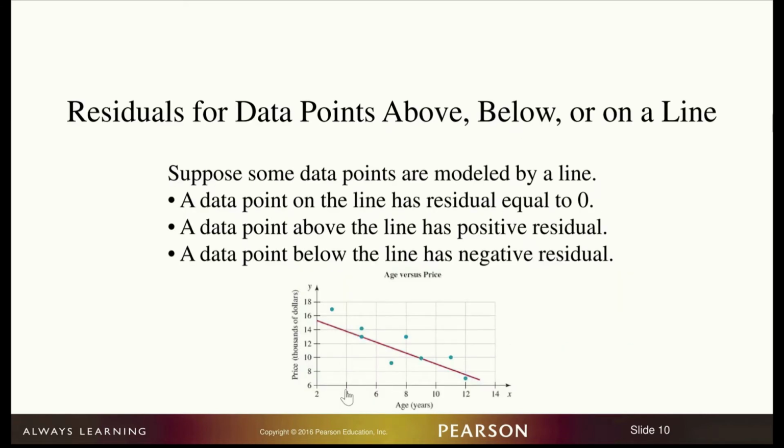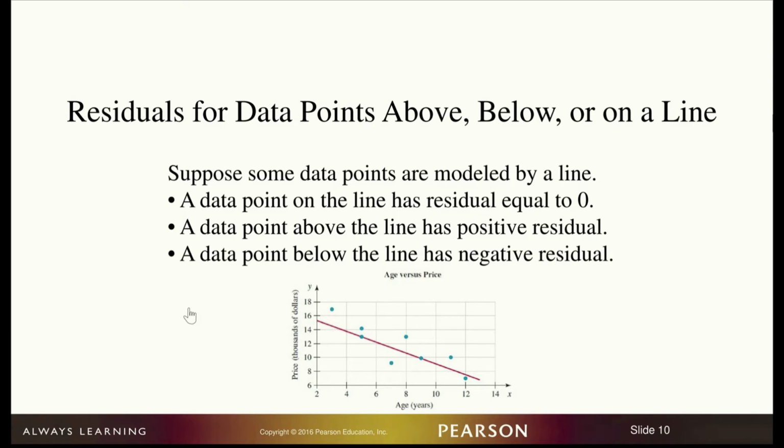So take a look at this data set here. Notice that the actual values are in the blue dots, right? And of course, for a given input, the predicted value will be the point right below that on the red line, right?